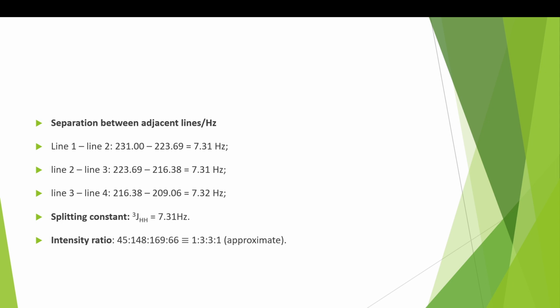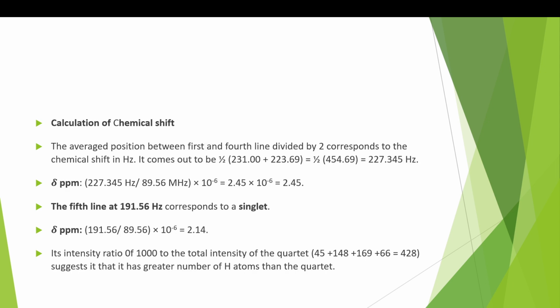Likewise, lines 6, 7 and 8 correspond to a 1:2:1 triplet. It means the compound has a CH3 and CH2. And one peak is unsplit, a very strong peak, which indicates a methyl. Thus we arrive at the structure of the molecule.